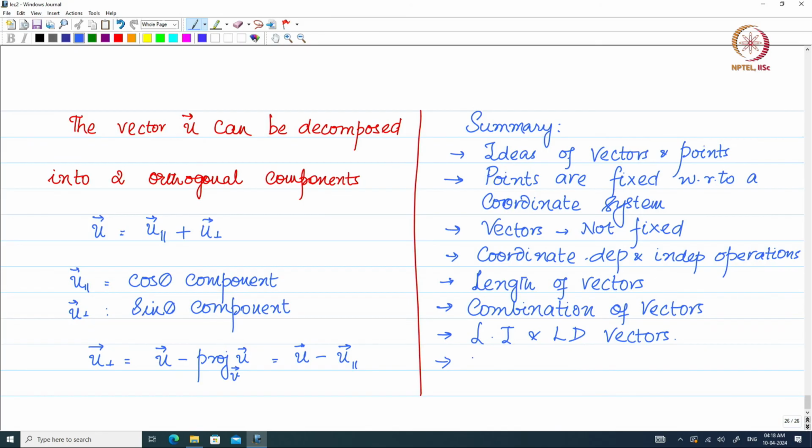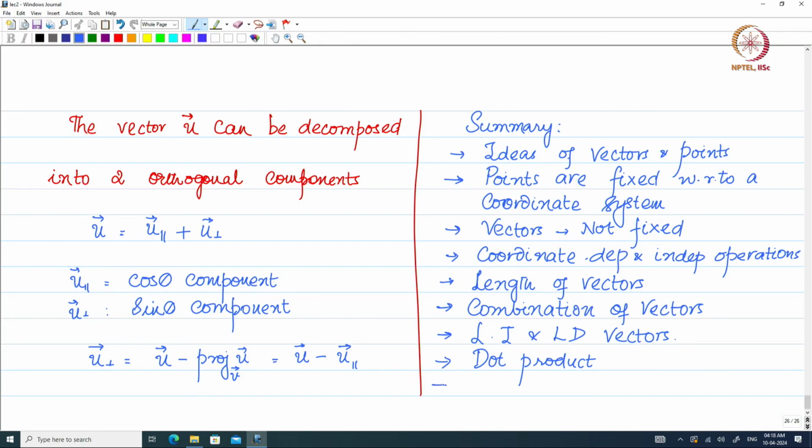We said that if you have linearly independent vectors, the linear combinations can help you cover the entire space, like you can go to any destination that you want, whereas with a linearly dependent set of vectors you will not be able to do that. Then we looked at the dot product to find out if a pair of vectors is orthogonal or not, and the length of the vector through the dot product, and we said that if the dot product of a vector with itself is 0, that is possible only with the 0 vector.